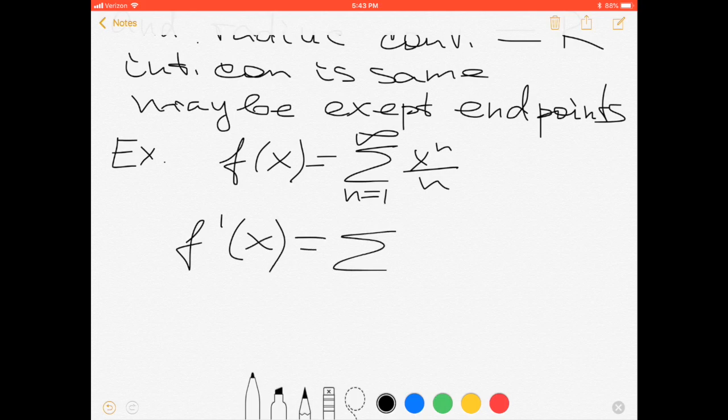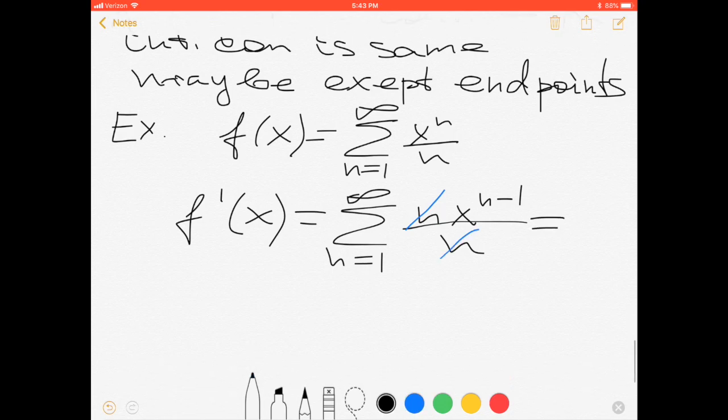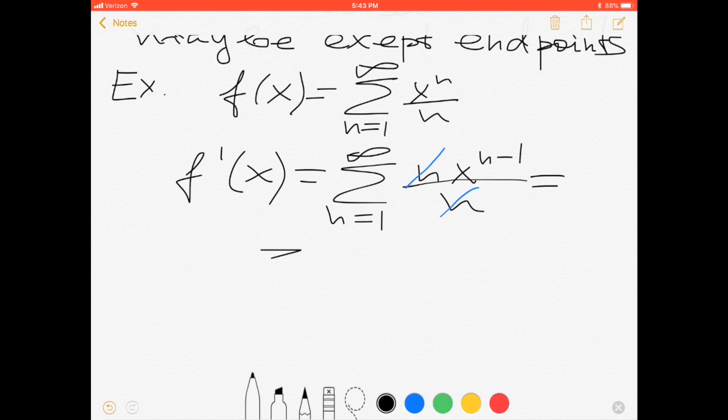It will be the series of n x to the n minus 1 over n, from 1 to infinity. Here n and n cancel, and the derivative is the sum of x to the power n minus 1, from 1 to infinity.